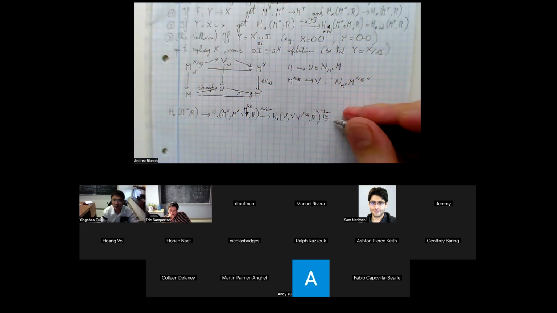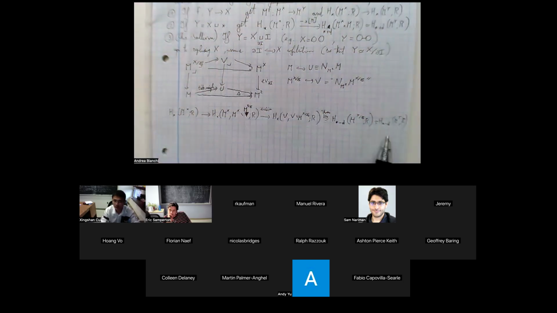This is isomorphic to the homology in degree star minus D, notice the shift in degree, of M to the X modulo delta I, which, as I said above, is the same as M to the Y. And so this long composite gives us a map from the homology of M to the X to the homology of M to the Y.